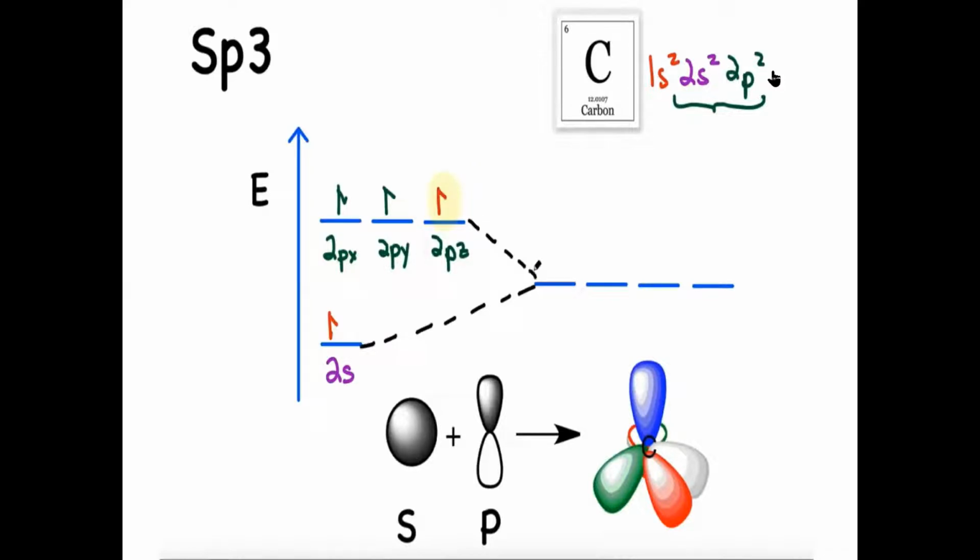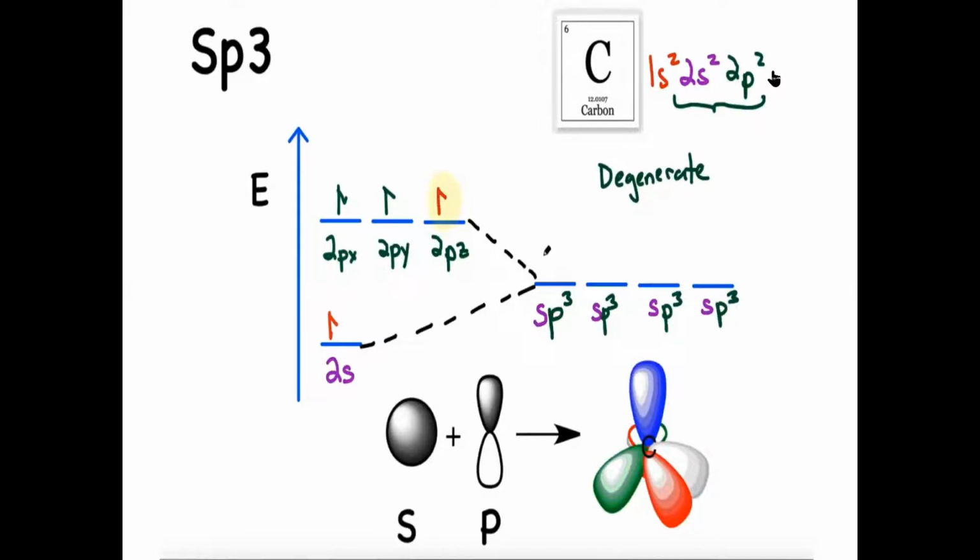What we get is an s orbital fused with the p orbitals, but there's 3 of them, so we get sp3 hybridized orbitals. These are all sp3 hybridized orbitals, and they're more stable than the individual 2s or the 2p's. We call this degenerate because they're on the same energy level.